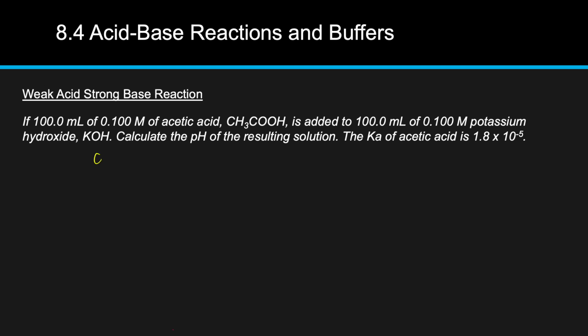We know that acetic acid is reacting with potassium hydroxide, and the acetic acid is going to separate slightly into acetate and H+ ions, and the KOH is going to separate completely into potassium ions and hydroxide ions. So we know the hydrogen and hydroxide are going to react to form water, and then we will have potassium acetate.